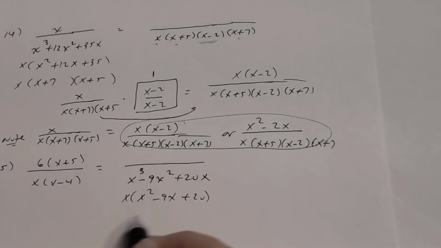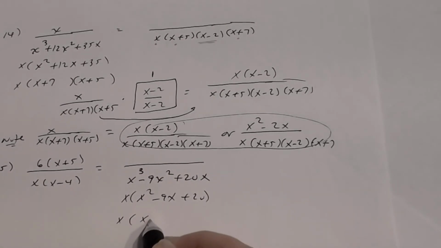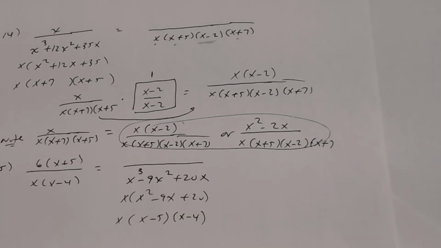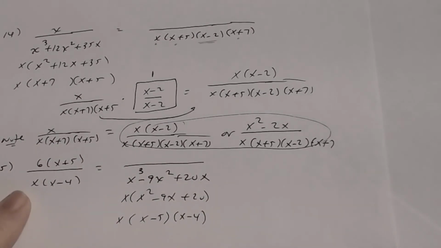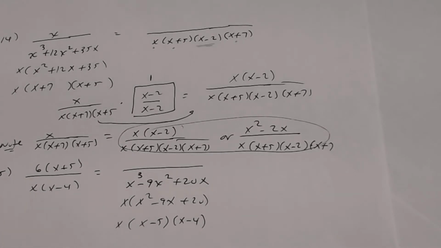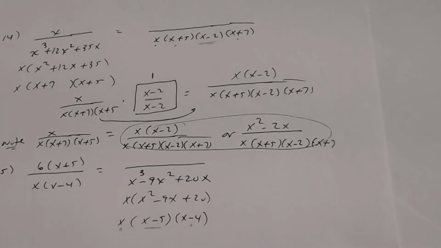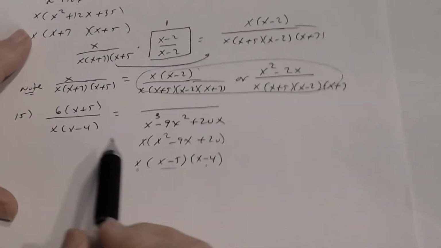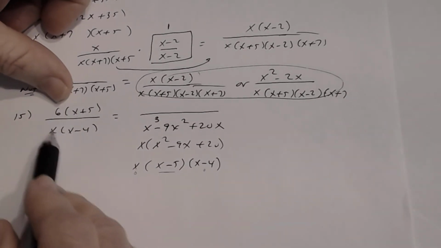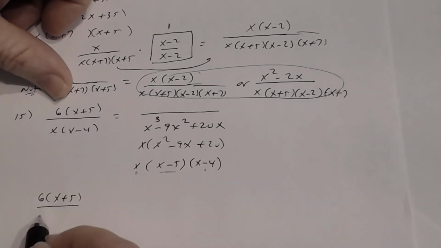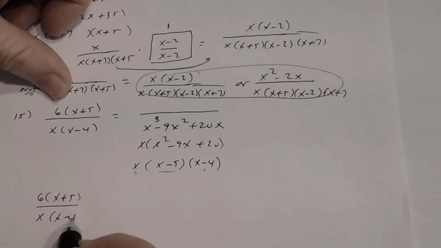And so if I factor this further, I get x times, let's see, x minus 5 times x minus 4. And so notice I have the x, right? I have the x minus 4. I'm missing the x minus 5. So what I need to do is this then. To find the equivalent rational expression, I'm going to take what I had originally, 6 times x plus 5, divided by x times x minus 4.